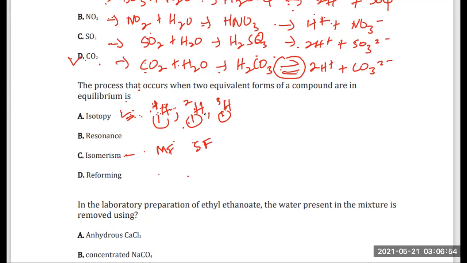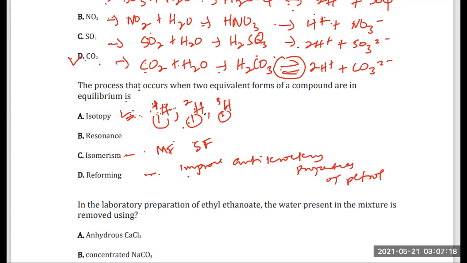When you say reforming, it is to improve the anti-knocking properties of petrol. So when you improve the anti-knocking properties of petrol, that is reforming. This reforming is a qualitative process.